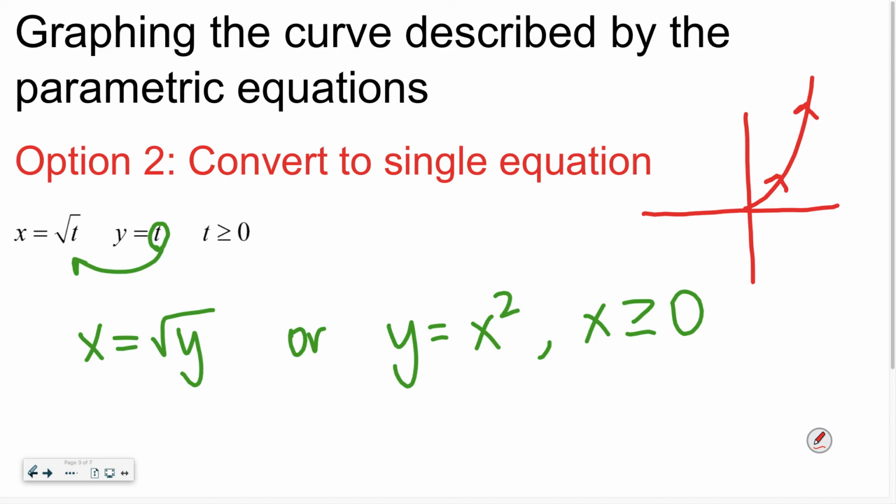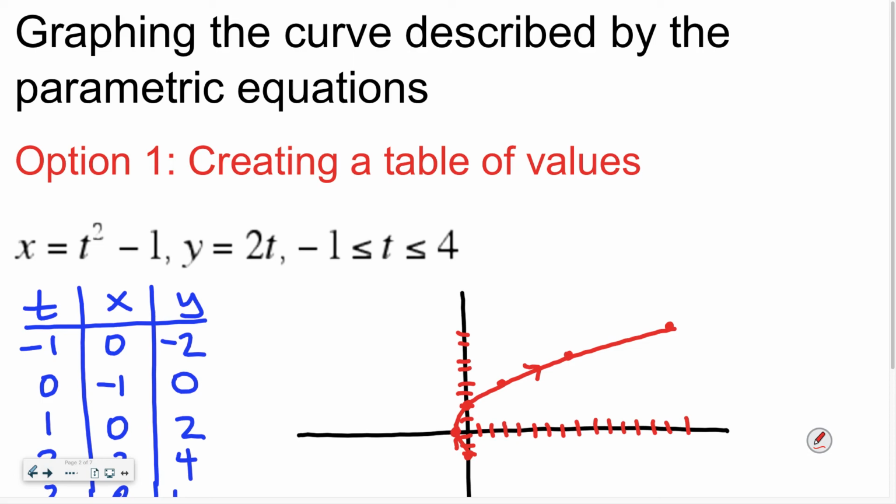Okay, I want to come over to this one. I want you to take these two and eliminate the parameter for me.